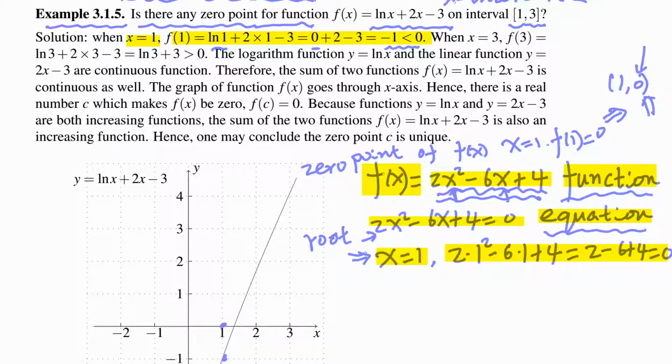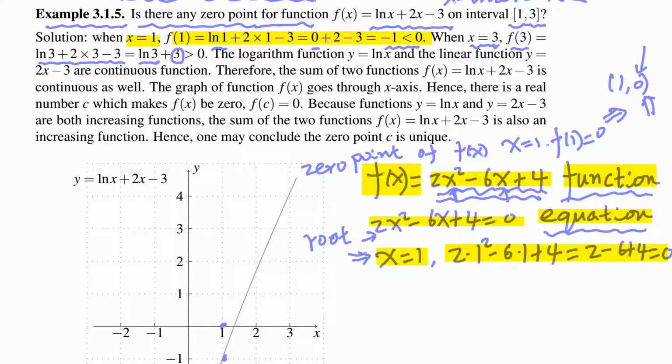And if we plug in x equals 3, then f of 3 will be natural log 3 plus 2 times 3 minus 3. 2 times 3 is 6, minus 3 is positive 3. Natural log 3 is also greater than 0.